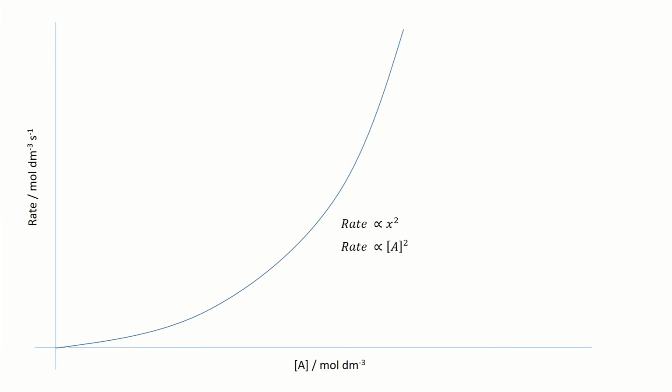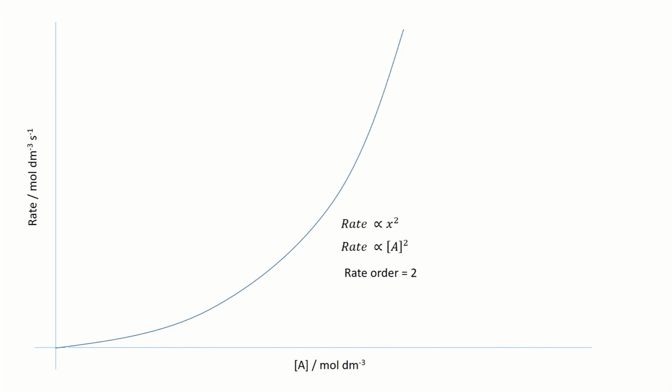What that means is that we now have a different number that the concentration is raised to the power of. We say it's an order of 2. So we have a rate order of 2.